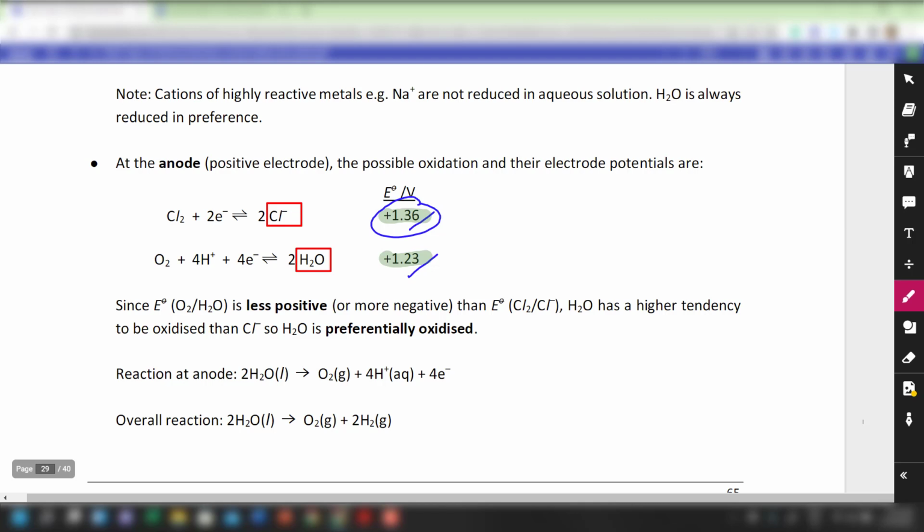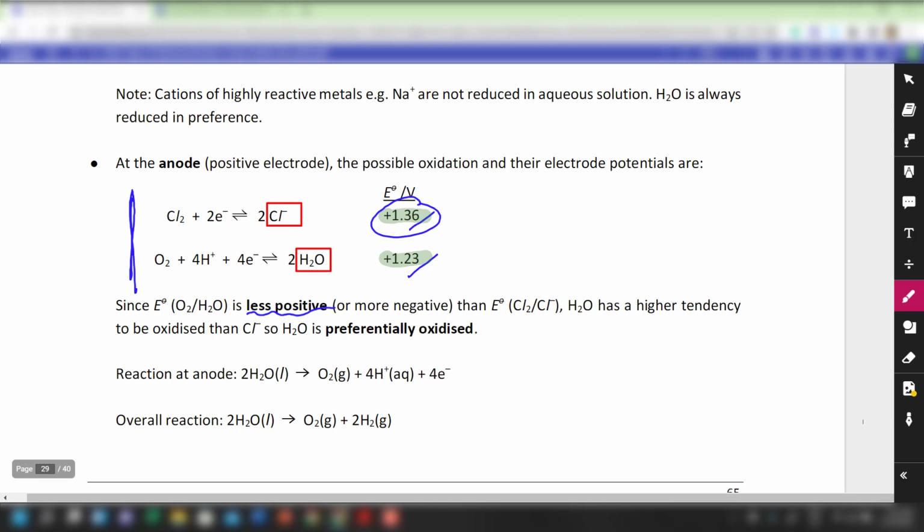But do remember this: we are looking at an oxidation process, and these are reduction potential values. So what we want to do is choose the reduction potential that is less positive. Because the less positive the reduction potential is, the greater will be the tendency of the species on the right to be oxidized.